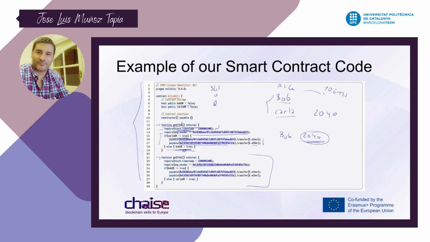We check that it's Carla who is sending, and if Bob said okay, then both Carla and Bob receive their 5 ethers. If not, we say Carla said okay, we are waiting for Bob. This is a very simple smart contract, a first example. We didn't discuss too much of the syntax and so on. We're going to go.